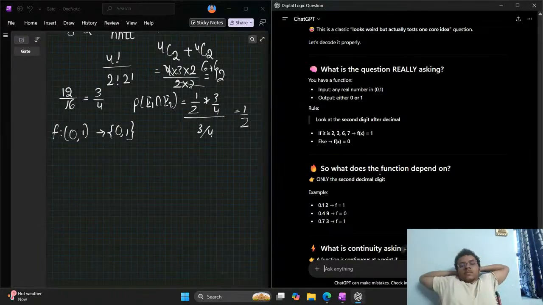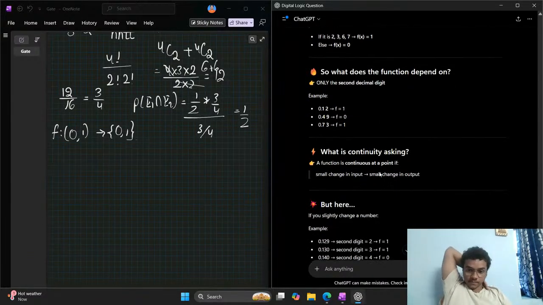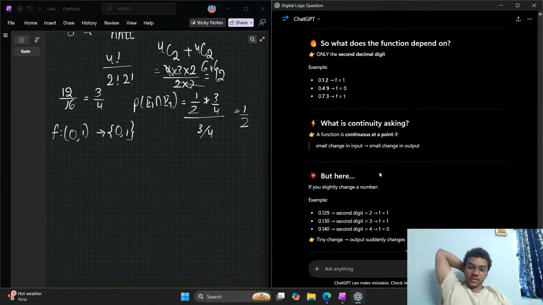It is 2367. Only on the second decimal digit. A function is continuous at a point if a small change in input gives a small change in output.